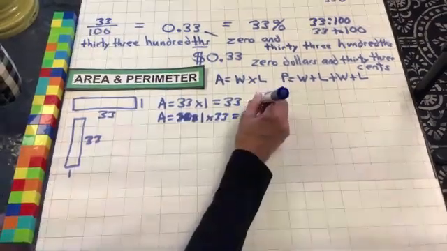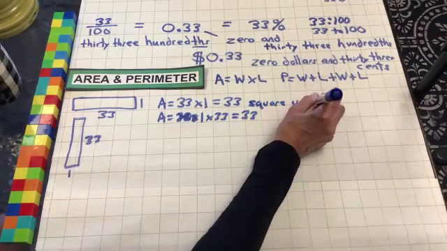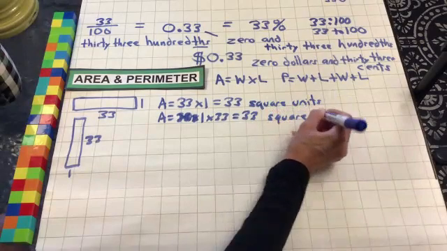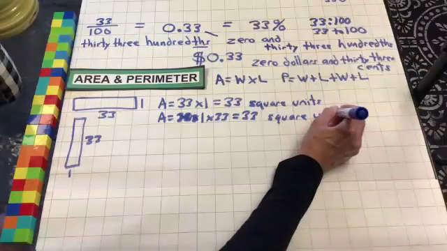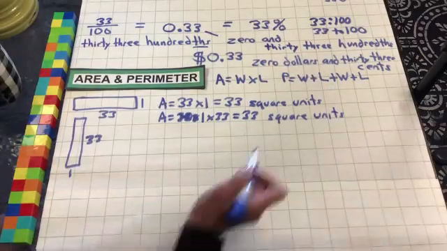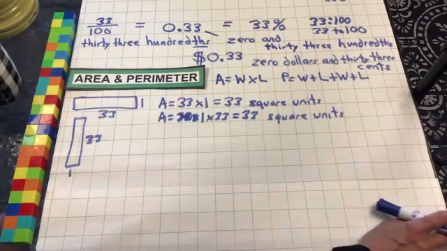And remember, this would be square units. And we're just writing units because we're not specifying what we're using: square inches, square yards, square feet. But we're just saying square units to be generic.